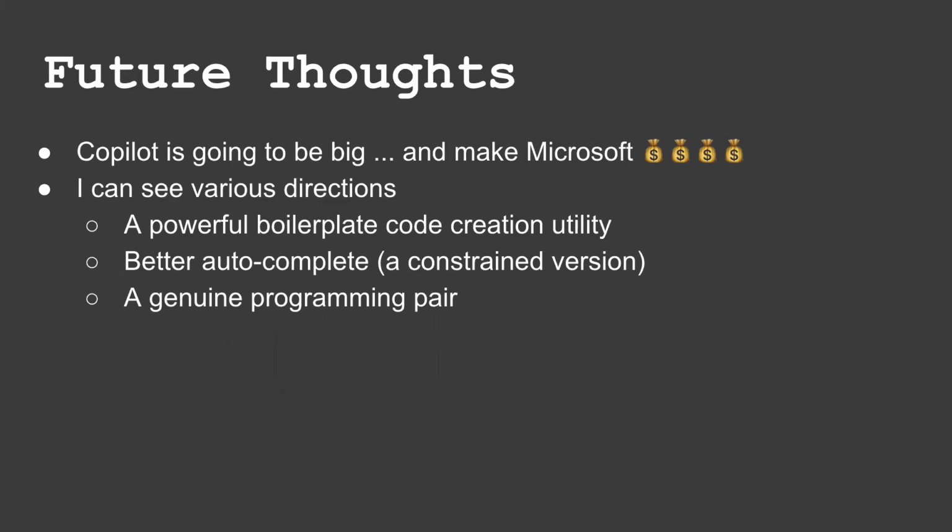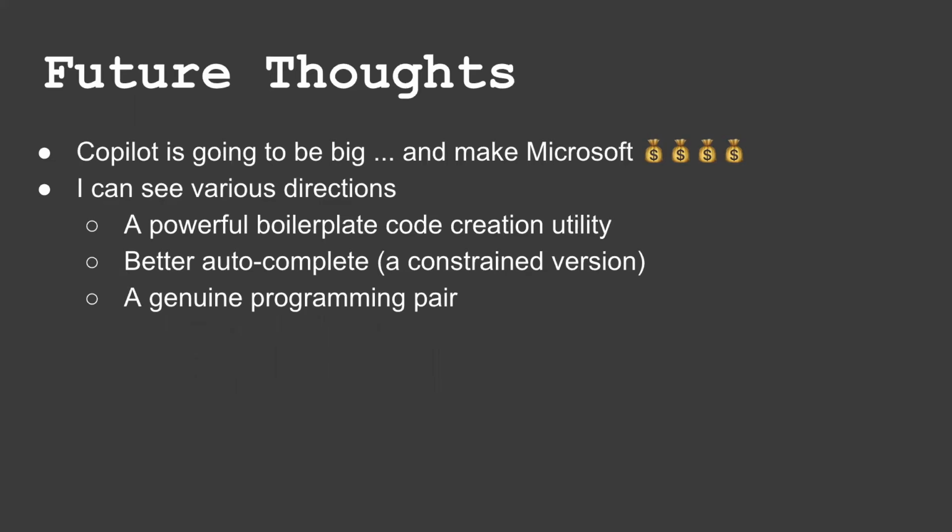In a more practical sense, I don't think Copilot is quite ready from my own usage of it. I do think it's showing promise in a number of different directions, and I would personally like to see it split and explore these different directions. The first thing is, I think it could be a very powerful utility for creation of boilerplate code.